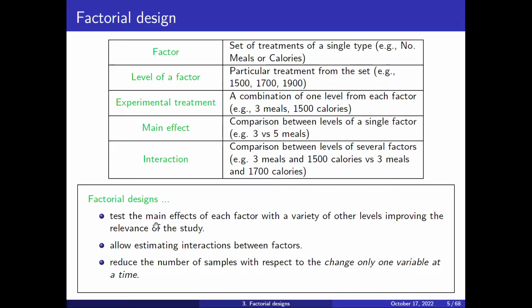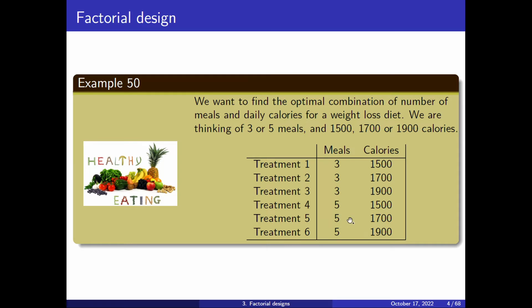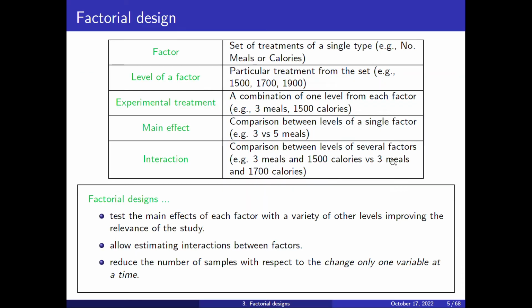Factorial designs test the main effects of each factor within a variety of other levels. So when you have tested 3 or 5 meals, you have analyzed them with many other possibilities for calories, so that makes your experiment more generalizable.